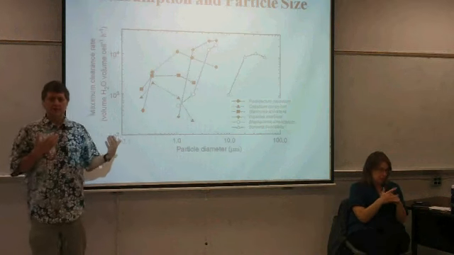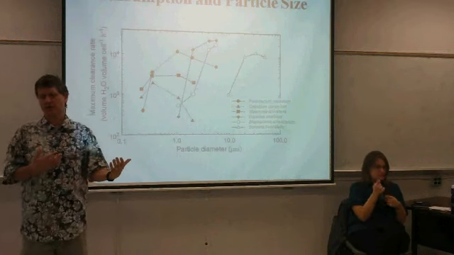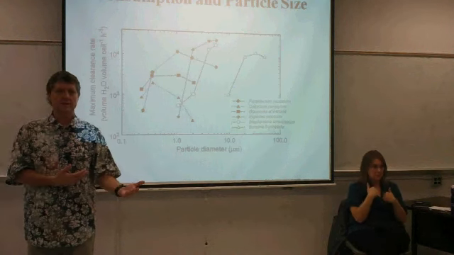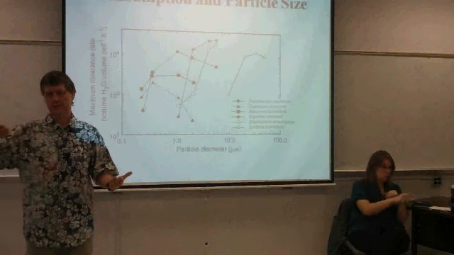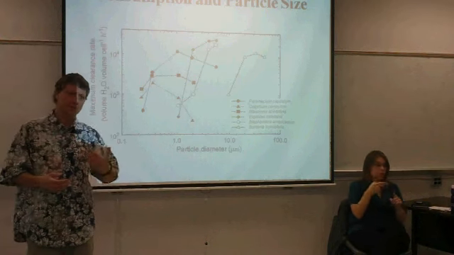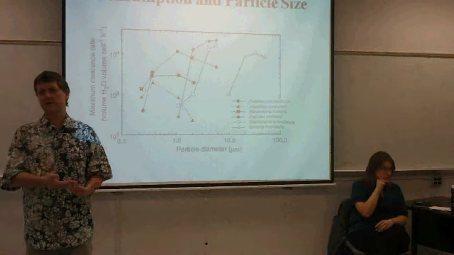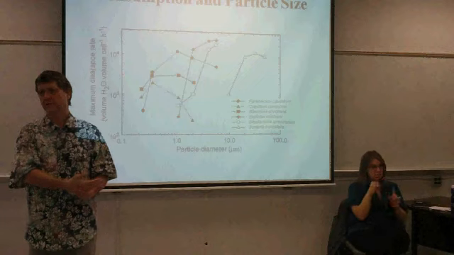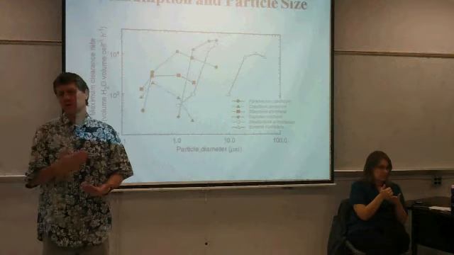So we've seen these trade-offs, right? We've seen trade-offs between low light and high light species. You can either photosynthesize well at low light or photosynthesize at higher rates at high light. Low nutrient or high nutrient species. You specialize on low nutrients, but your growth rate is going to be lower than if you're specializing on high nutrients. But if you're in a low nutrient environment, it helps you. Small particles or large particles.